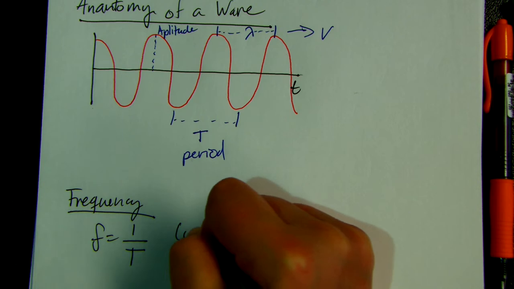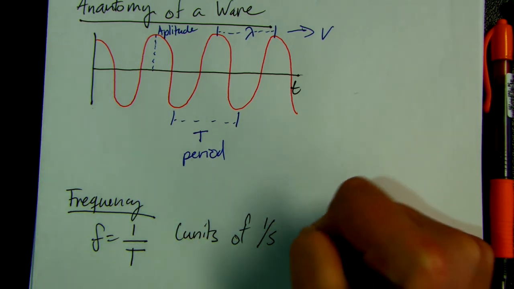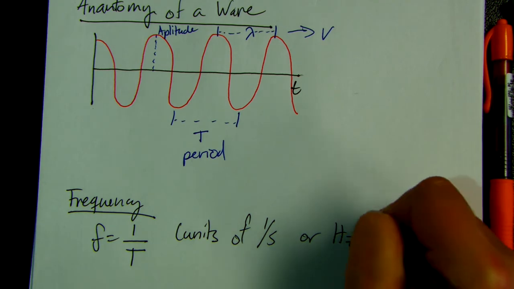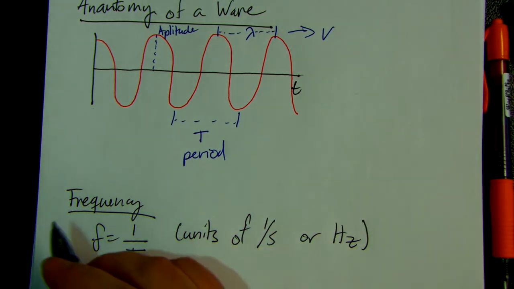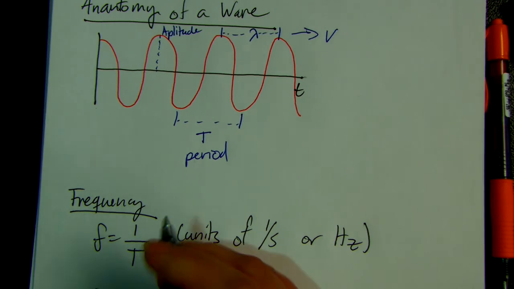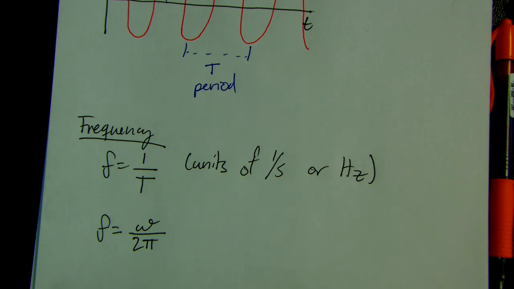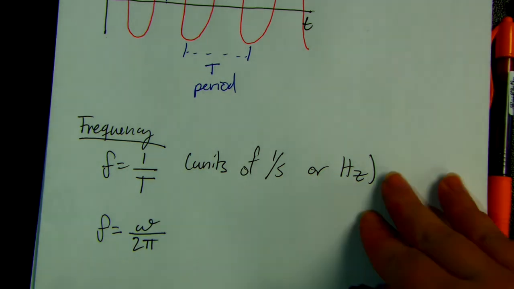It has units of 1 over second or hertz. Frequency is also equal to angular frequency divided by 2 pi. And remember, the units for the period is time, seconds.